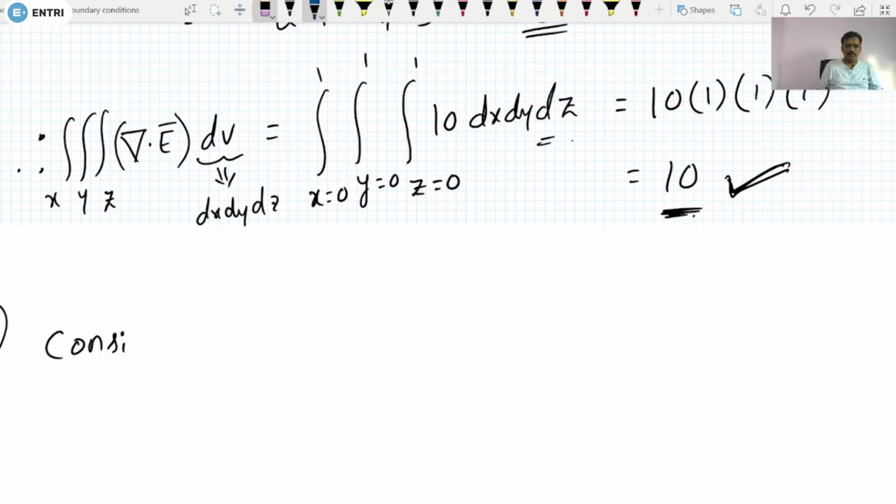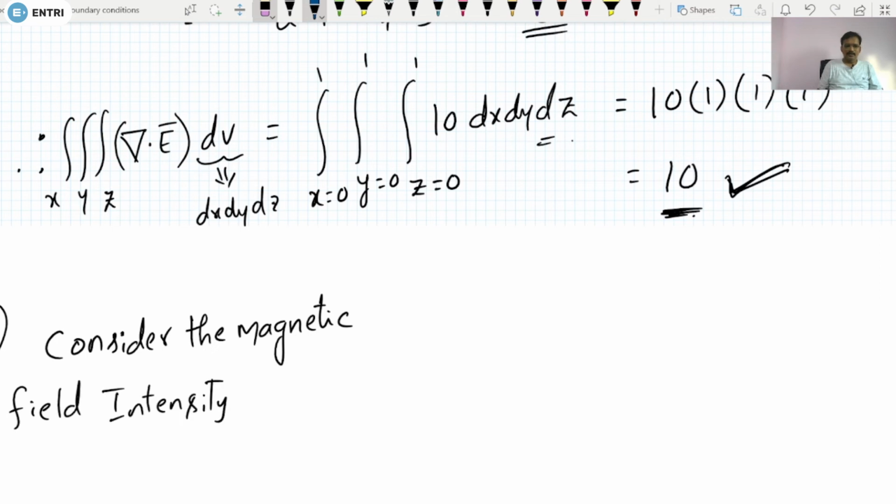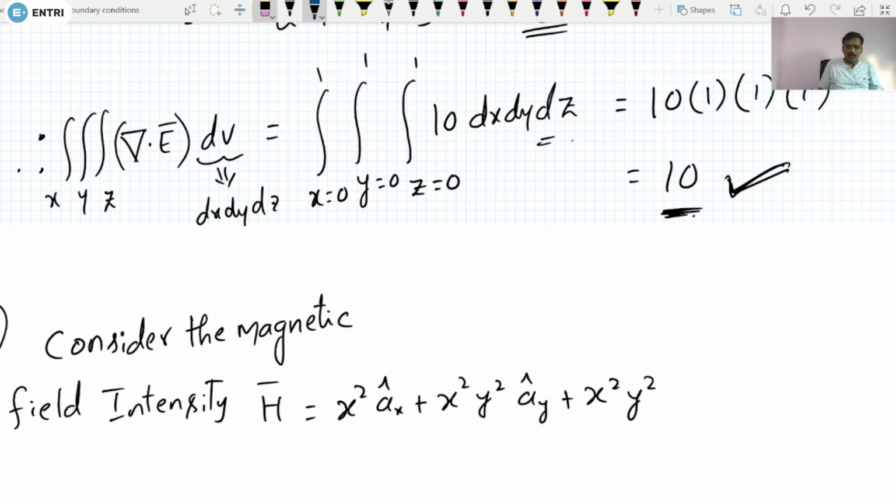They have given the second question as: consider the magnetic field intensity H bar equivalent to x square ax cap plus x square y square ay cap plus x square y square z square az cap, in ampere per meter.